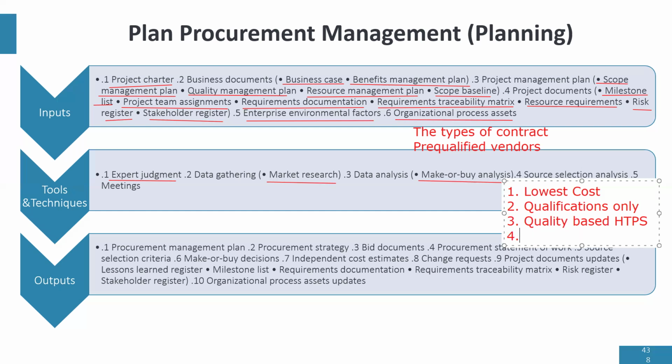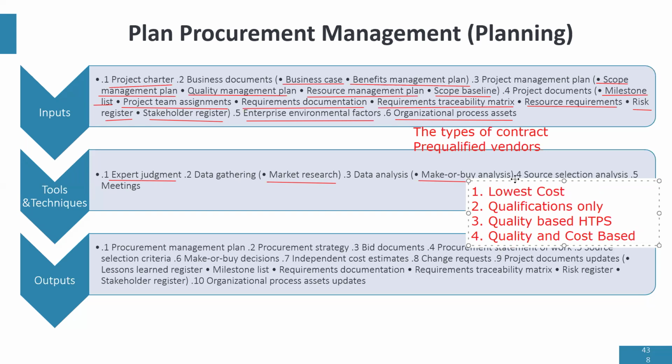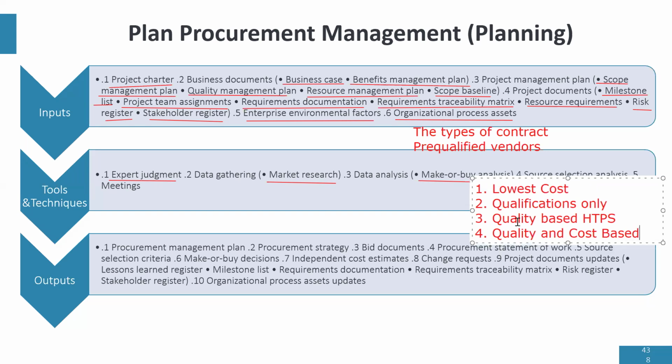Then we have quality and cost based. Quality and cost based is saying that, yes, we're looking at quality, we're also looking at cost. So we want to balance out the two. In this kind of contract, you're going to submit your technical bid and your commercial bid, and they'll make a decision based on the two, not just on quality alone.